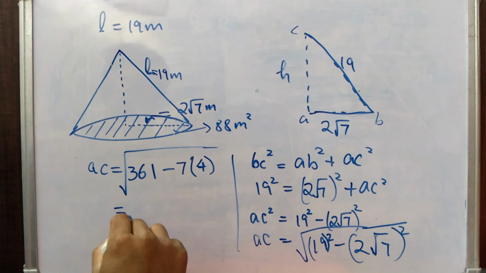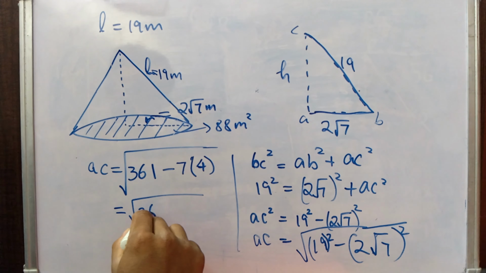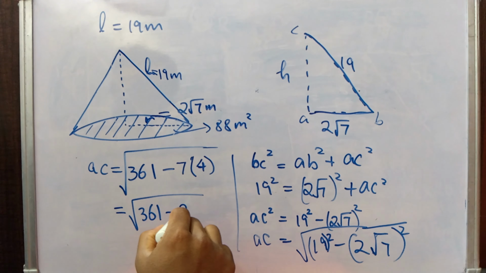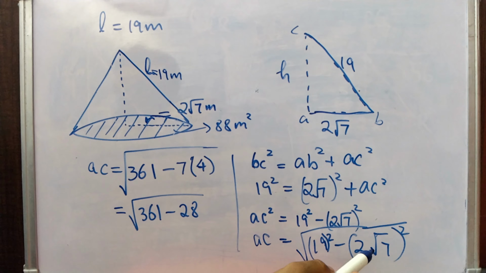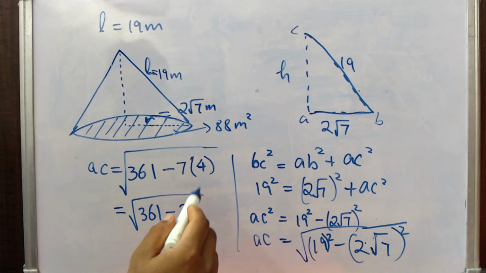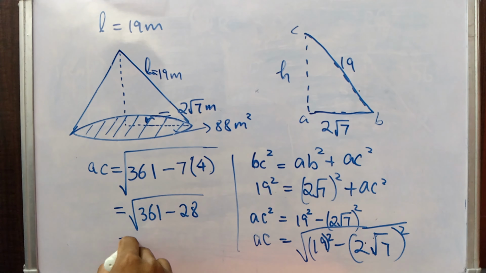So we have root of 361 minus 7 fours are 28. I'll say it again: when you're squaring, we have to square both these terms separately. So 2 square is 4, and squaring square root of 7 gives 7, because square root and square cancel. So 7 into 4 is 28.